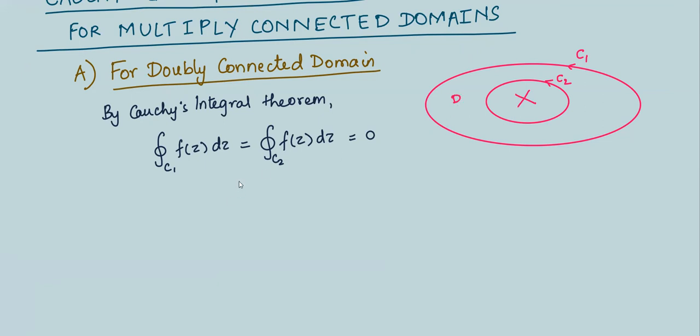If this is not within the domain, we cannot use this theorem. If it was a simply connected domain without any breaks, and the points are not defined, then this will give you some value, like we got 2 pi i. It will give some value.